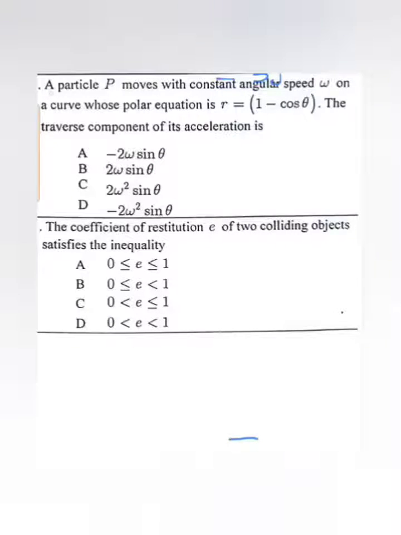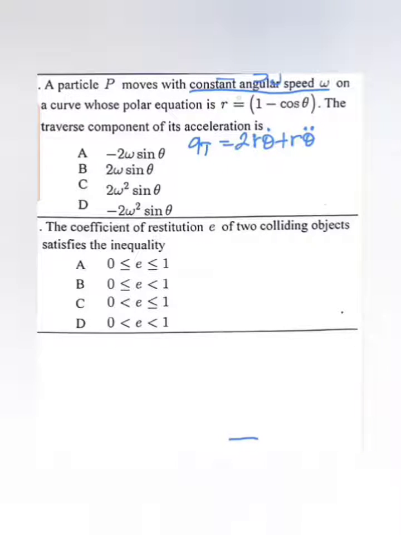In number 40, a particle P moves with constant angular speed on a curve whose polar equation is r equals 1 minus cos theta. The transverse component of its acceleration is, and we have these options. The transverse component of the acceleration is given by 2 r dot theta dot plus r theta double dot, and in the question they have said the particle is moving with constant angular speed omega.